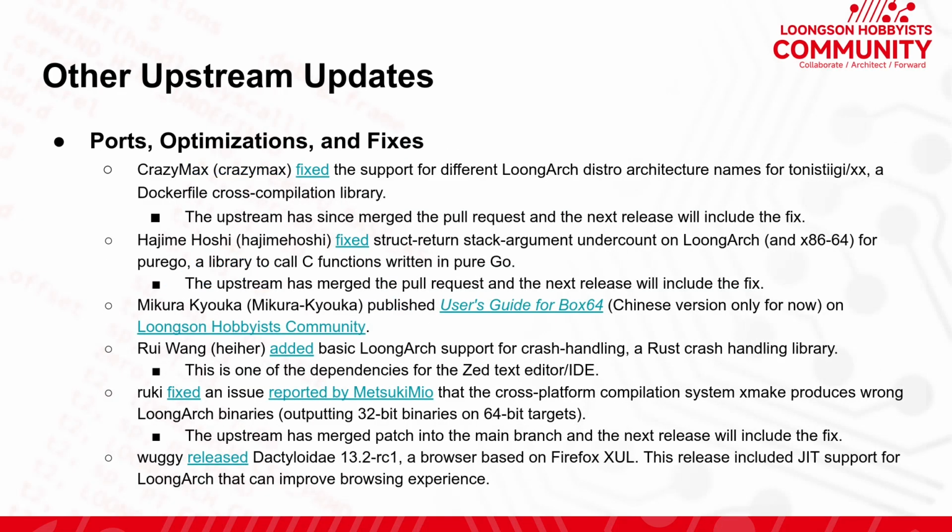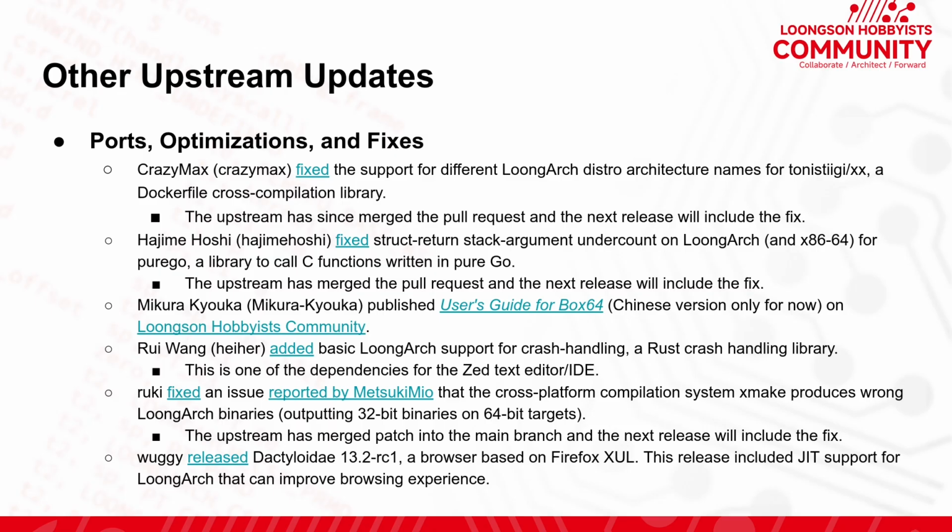And now that Cyan is back, I'll give it back to him. Now we have Crazy Max, who fixed the support for different LoongArch distro architecture names for this library, the Dockerfile cross-compilation library. The upstream has since merged the pull request, and the next release will include the fix.